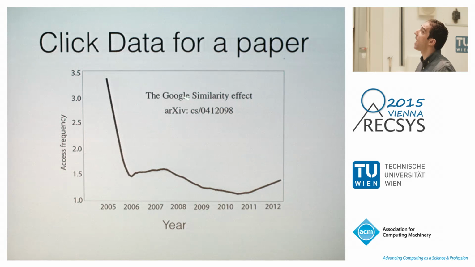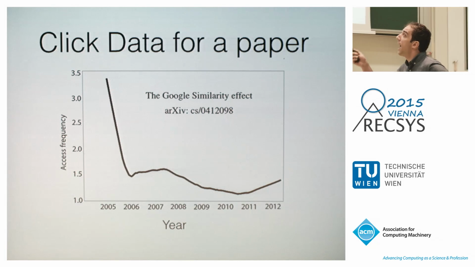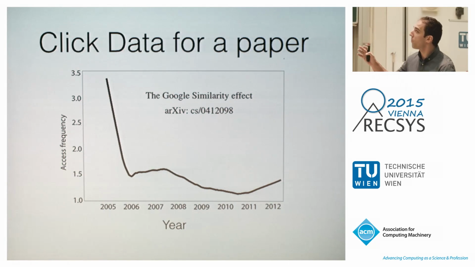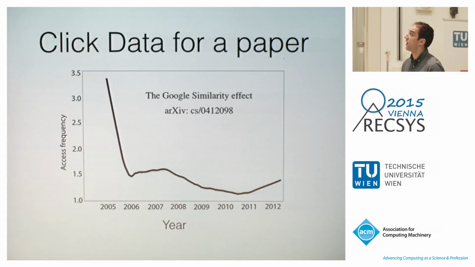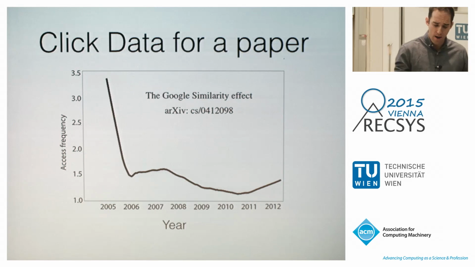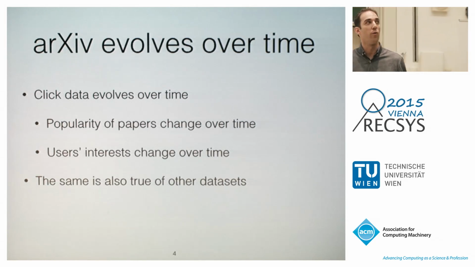Here's a particular example, a paper called the Google Similarity Distance. It came out in 2005, and you see a big hit in 2005, then people looked at it again in 2007, 2008, and there may be a recrudescence in 2012. But what this aims to show is that the archive is evolving over time.